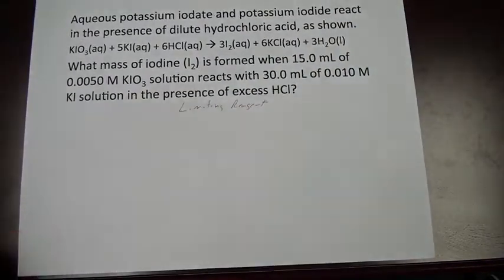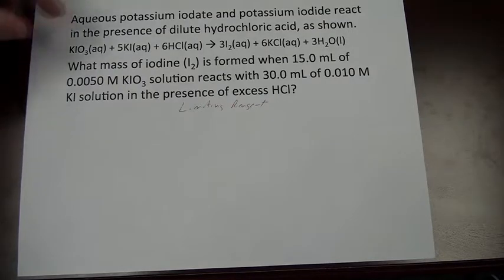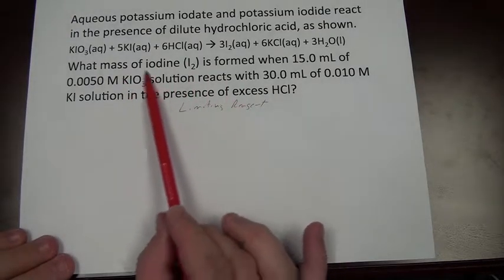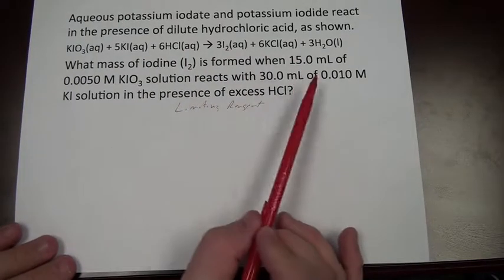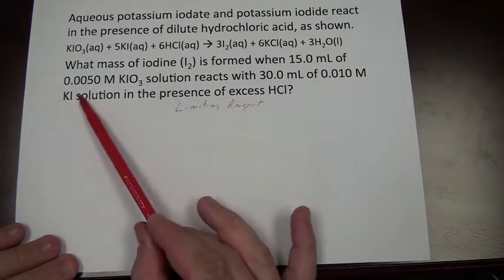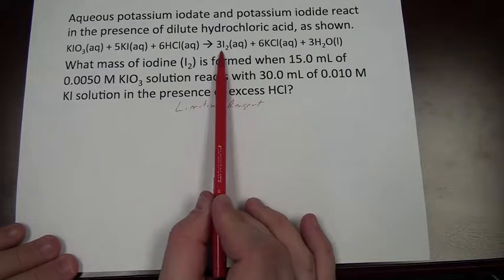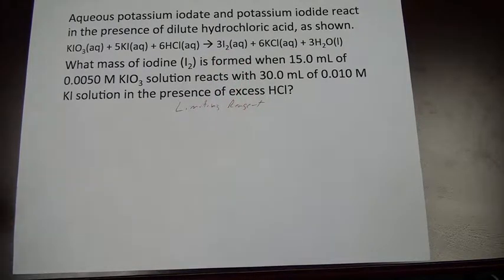Which means that we're going to solve this problem twice. One, assuming that all the KIO3 is converted to I2, and one where we convert all the KI to I2, and then because we can only form one of those, it'll be the smallest amount.